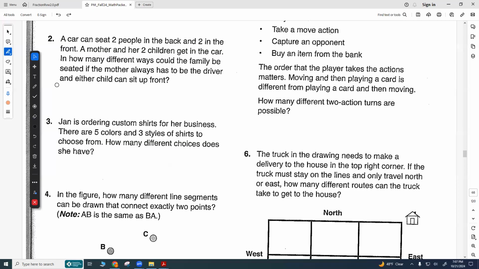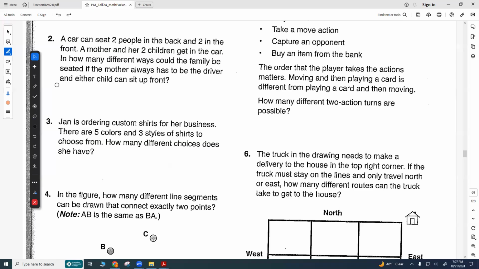Jan is ordering custom shirts for her business. There are 5 colors and 3 styles of shirts to choose from. So how many different choices does she have? We have 5 different colors in 3 different styles.